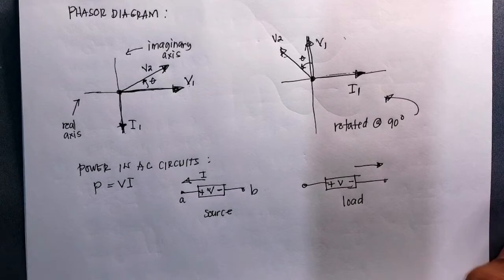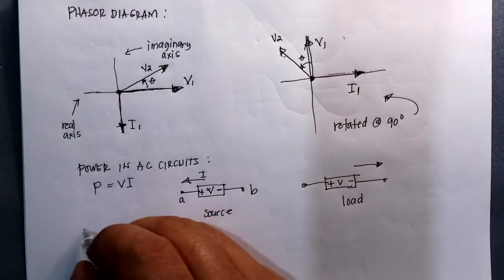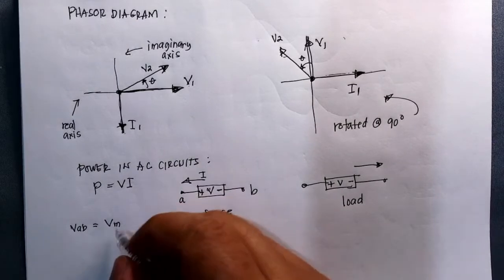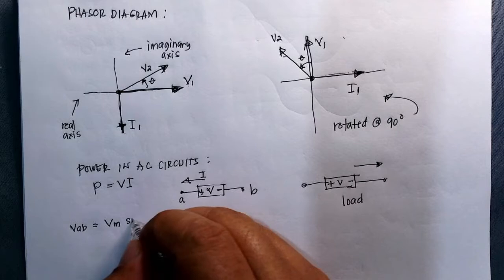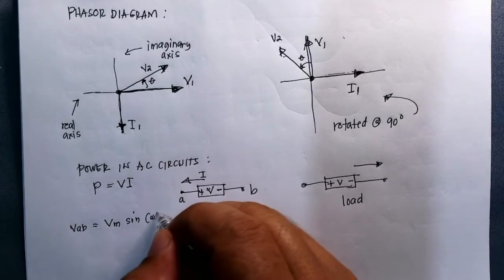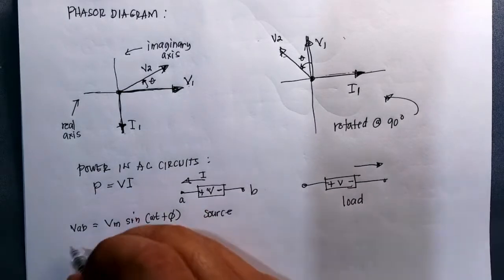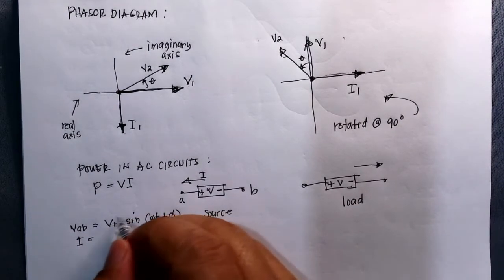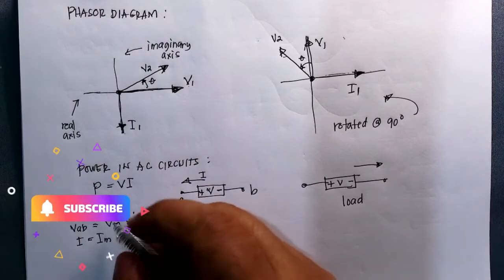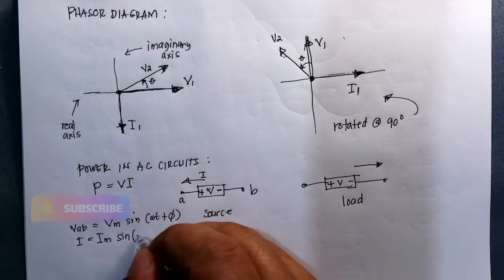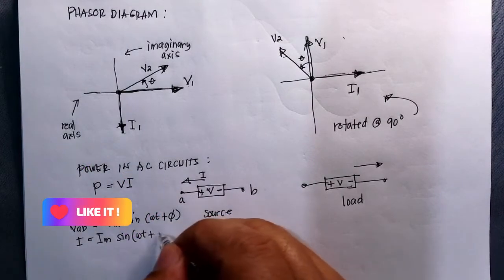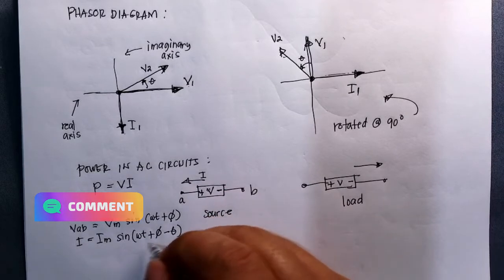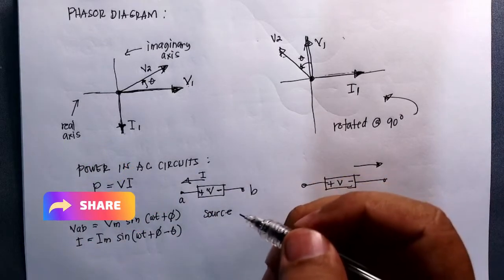Now if we have V sub AB named as V sub M, the maximum value, sine omega t plus phi, and our current, again same as the voltage, the maximum value I sub M, sine omega t plus phi, with an angle theta which is subtracted from omega t plus phi.